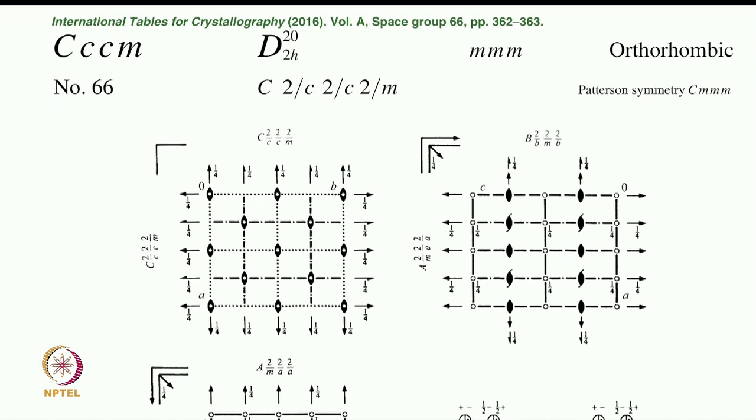We are in space group 66, and the Hermann-Mauguin symbol for the space group is capital C followed by two small c's and m.